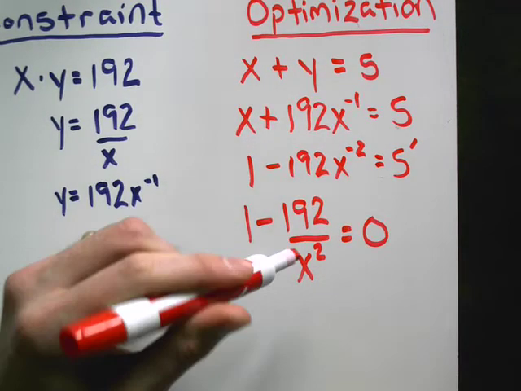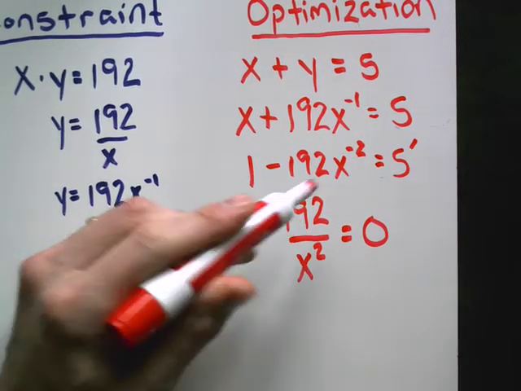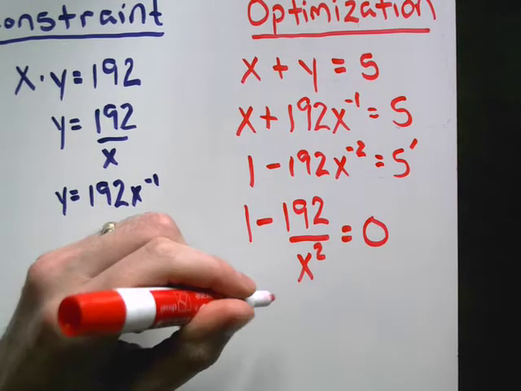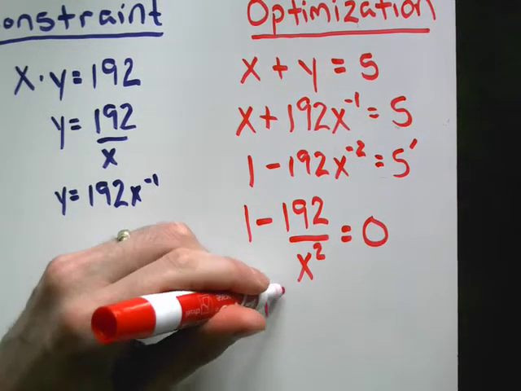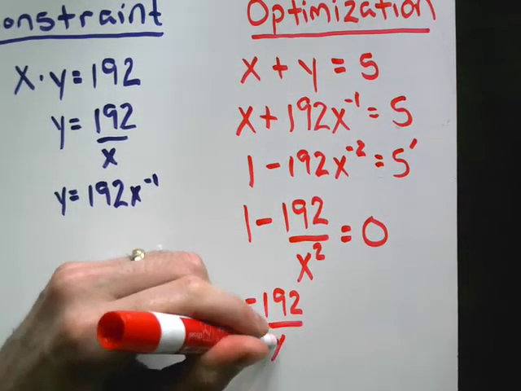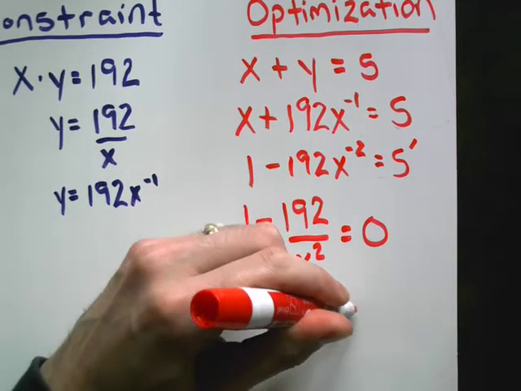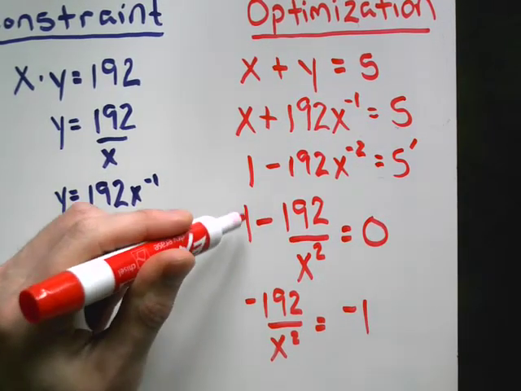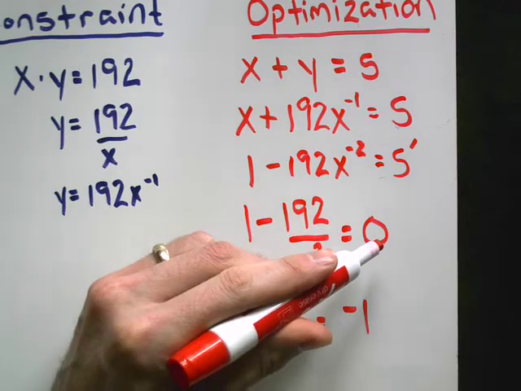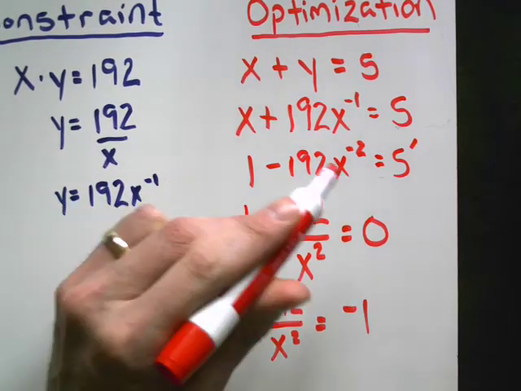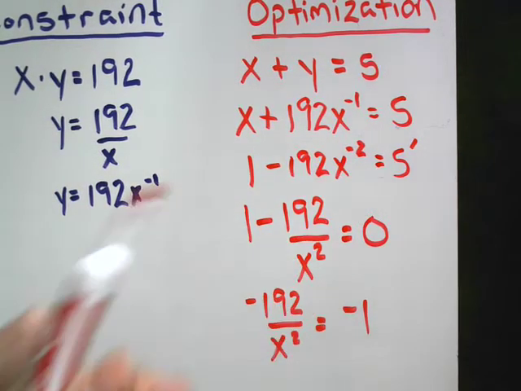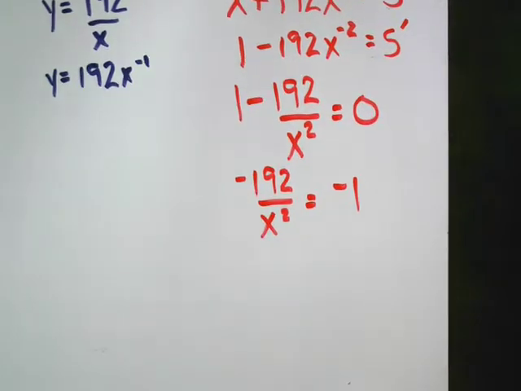Okay, it's just easier for me to solve for x, I think, this way, rather than having a negative exponent. So this is going to be negative 192 over x squared equals negative 1, right? Because I could take this negative 1 and bring it to the other side, or I can take this 1, subtract it, and bring it to the other side to make it negative 1. Okay, let me just slide this up.